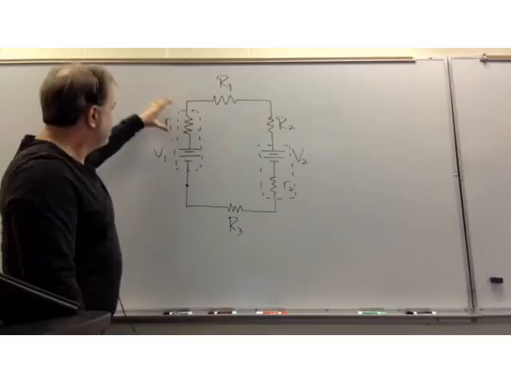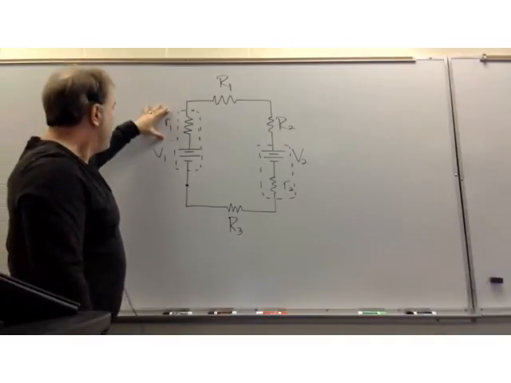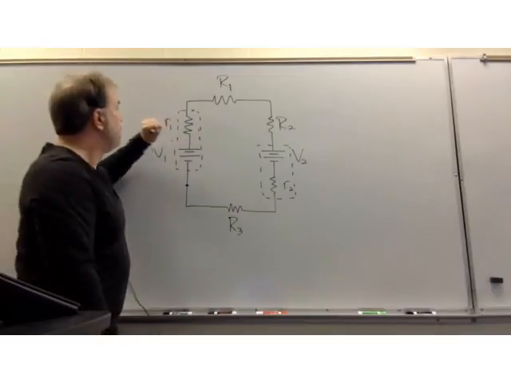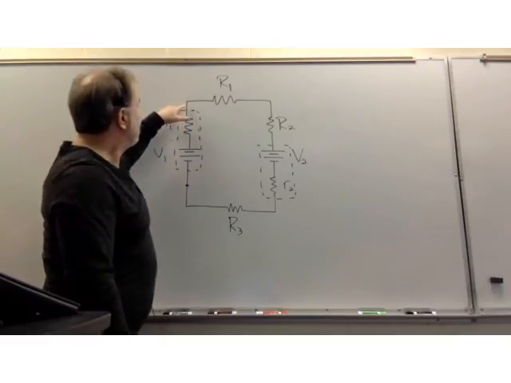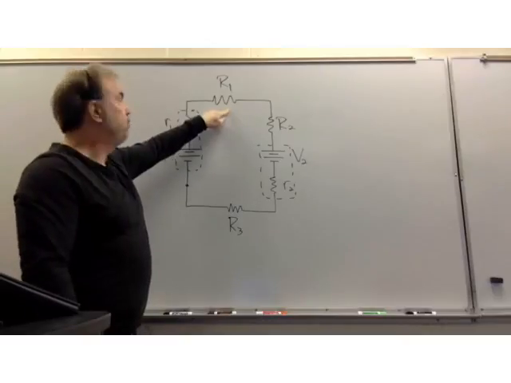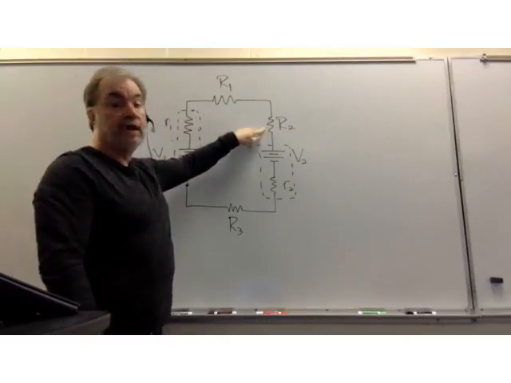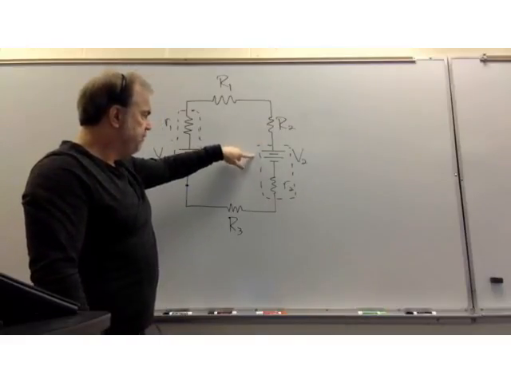Then it crosses this resistor here, the internal resistance of the battery, and there it loses some potential via Ohm's law. But it makes it through, and then our charge makes it to the resistor R1, where it loses some more potential, then to R2, where it loses yet more potential, and then to the other battery, the V2.